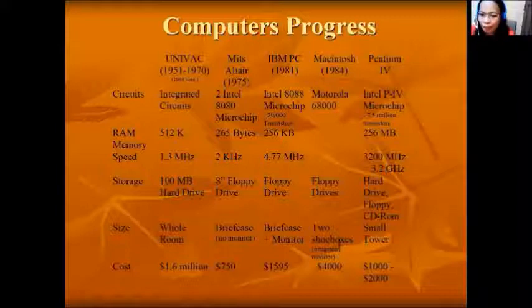The MITS Altair costs $750. The IBM PC costs $1,595. And the Macintosh is $4,000. And the Pentium 4 costs $1,000 to $2,000. So it's getting cheaper. But the technology is, of course, much better.